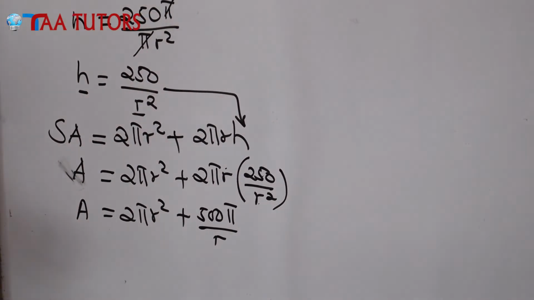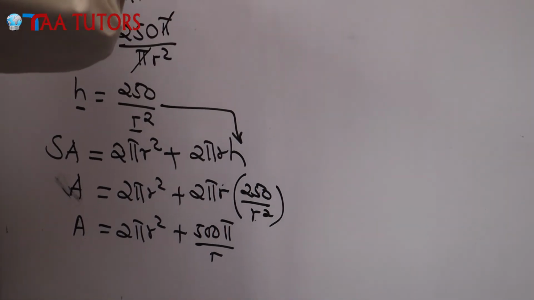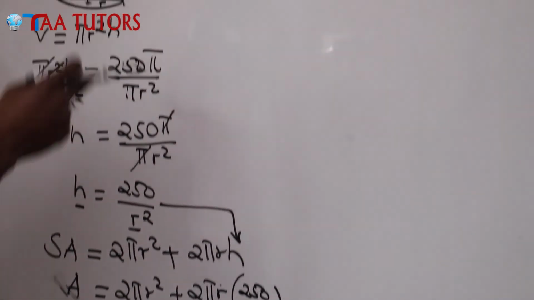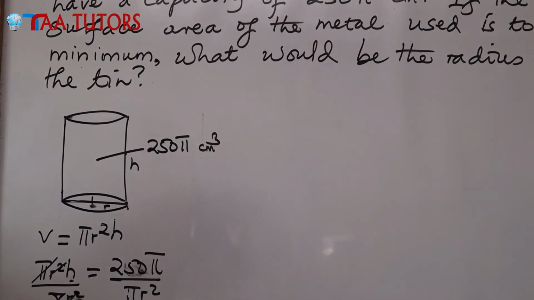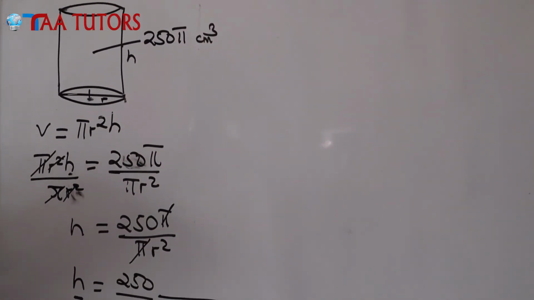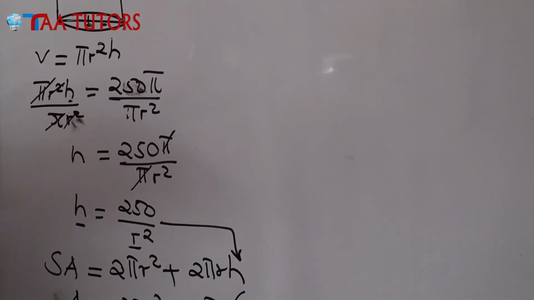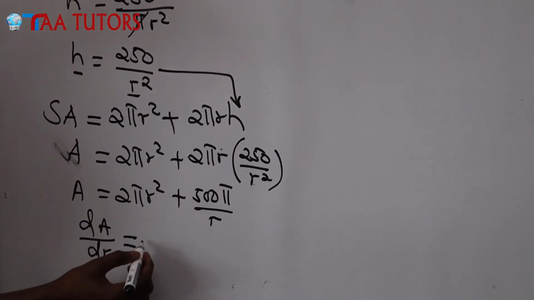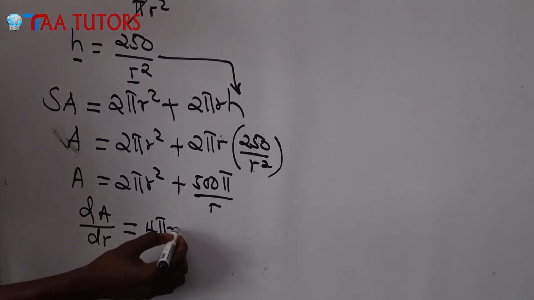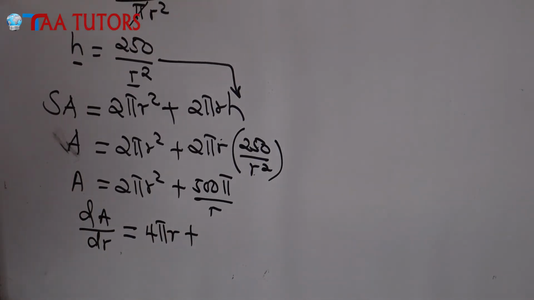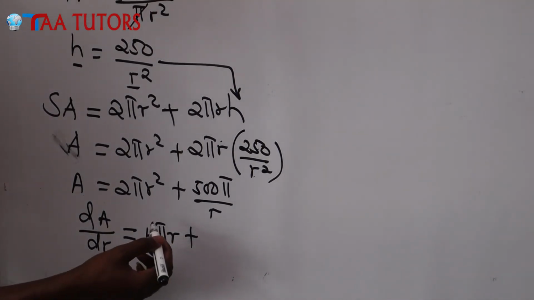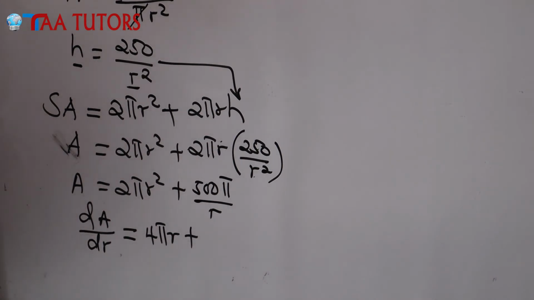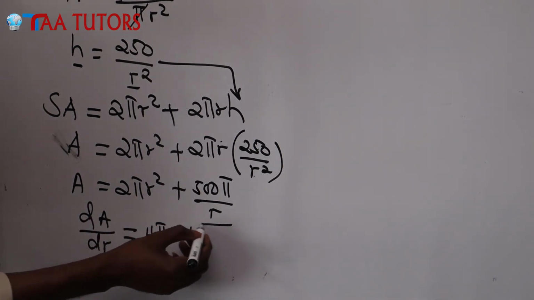Now we know that at minimum surface area, dA over dr should be 0. So let's differentiate. That will be 4 pi r plus... What do we need to do here? First, let me show you something.